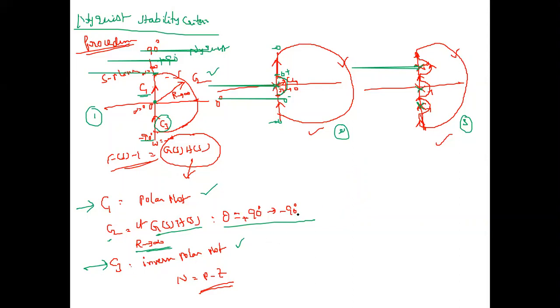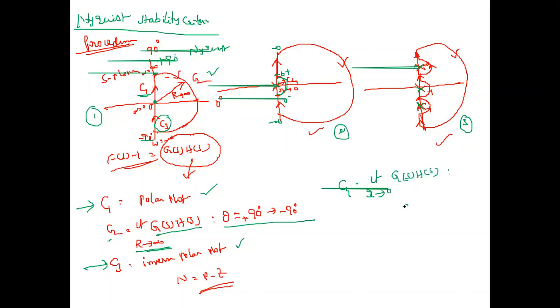Sometimes you will have a C4 contour, as in this second case. How will C4 be? It is again a semicircle, similar to the big arc. As we did with C2, for C4 we take the limit of small r, a zero radius, r tends to 0, and find G(s)H(s).